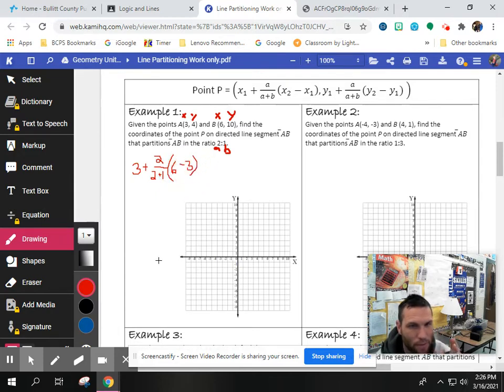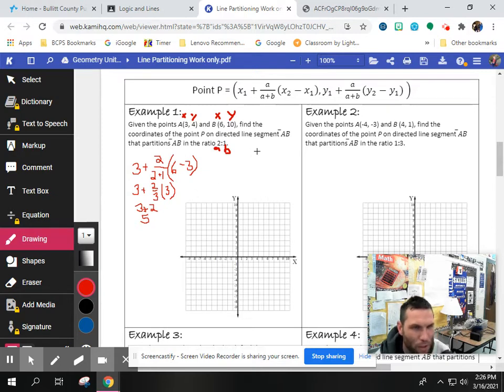That's the way to set it up. Now we'll chug through it. This is 3 plus 2/3, since 2 plus 1 is 3, and then 6 minus 3 is 3. Then multiplication: what's 2/3 of 3? It's 2. So 3 plus 2 is 5. The x value is 5.